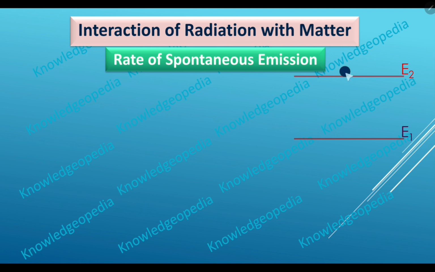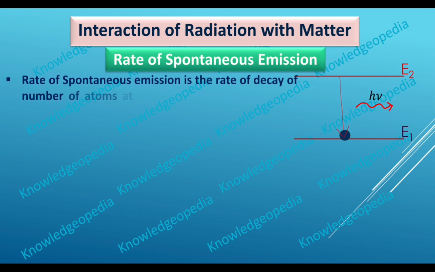After that time is over, it will come automatically to the ground state, and while moving from excited state to ground state, it will emit radiation of energy h nu, and this nu is nothing but nu12, what we considered in the previous slide, right?